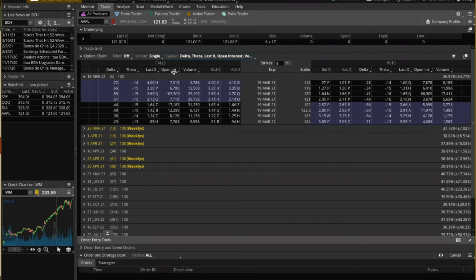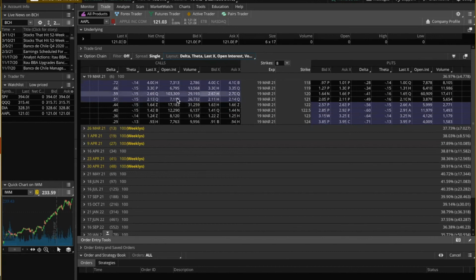Open interest is a little bit different. It's the amount of people that are in the trade, but not necessarily making trades today. So there's 7,000 people that own this Apple 121 contract, but they're not actively trading it.